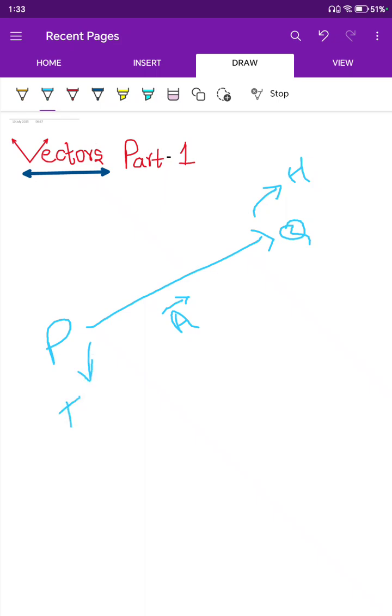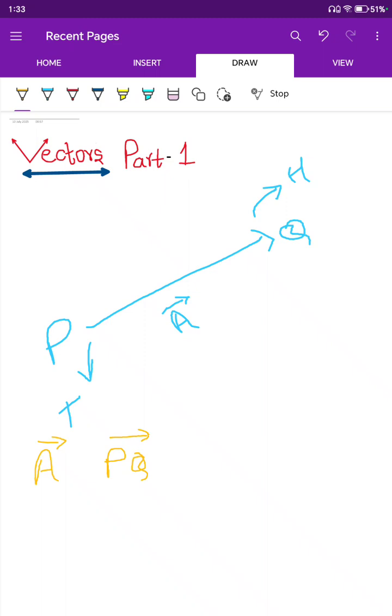Okay. So how do we represent this vector? As I said, it's represented as a vector, or it is also represented as pq vector. Okay, so what more?